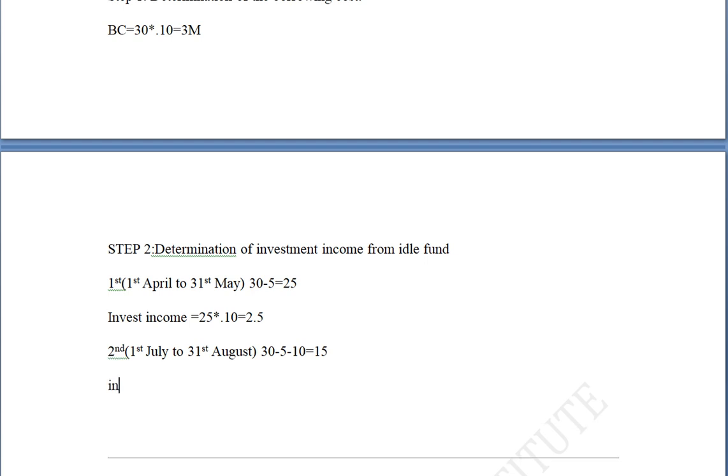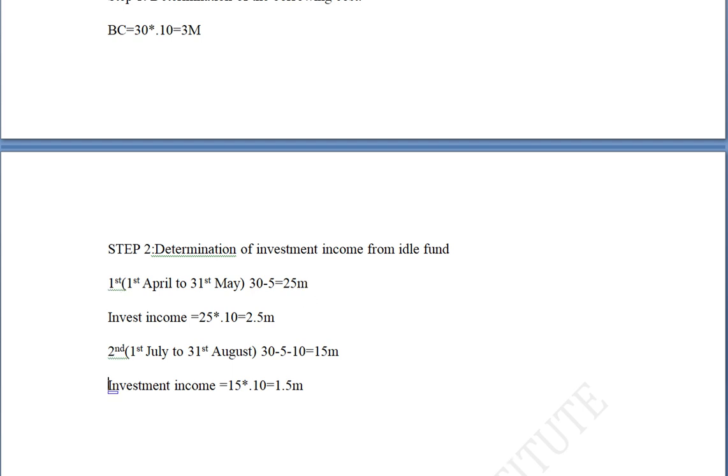So our investment income will now be equals to 15 multiplied by 10%, and that will be equals to 1.5 million. And so that is that for that.